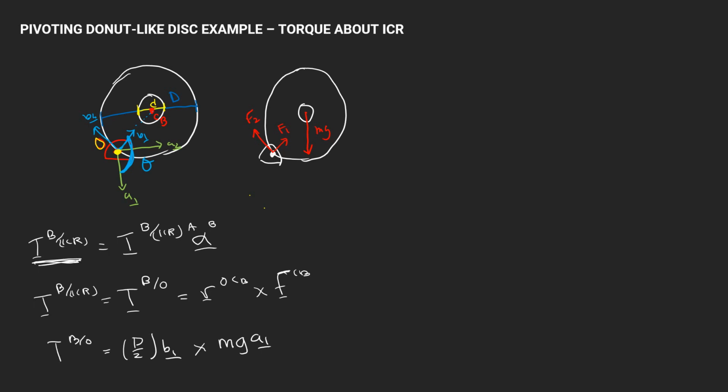And so this then gives us, well, first to take this cross product, we have to take B1 and write it in terms of A1 and A2. And so that means we get d over 2 times cosine theta A1 plus sine theta A2, crossed with mg A1.